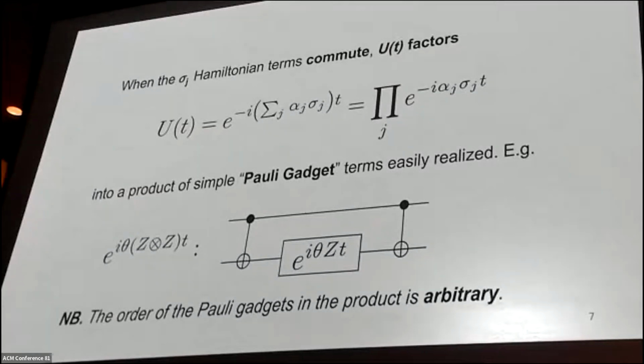These are these individual terms, e to the i times some angle times the Pauli operator times time. And it's very well known how to construct quantum circuits for such Pauli gadgets. They all have this very simple form, usually a ladder of CNOT gates, perhaps a couple of other single qubit operations, and then a single Z rotation acting on one qubit. So in general, if we can decompose our computation into Pauli gadgets, it's straightforward to then construct a quantum computation.